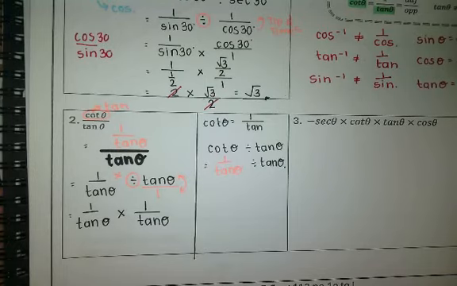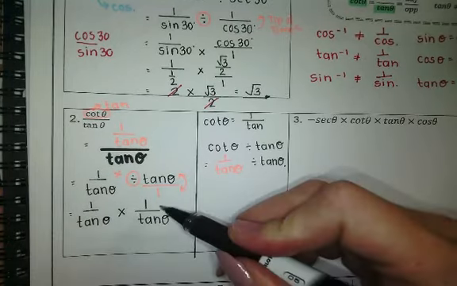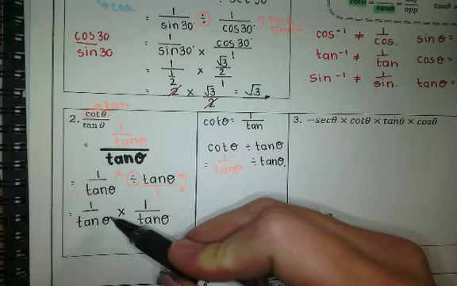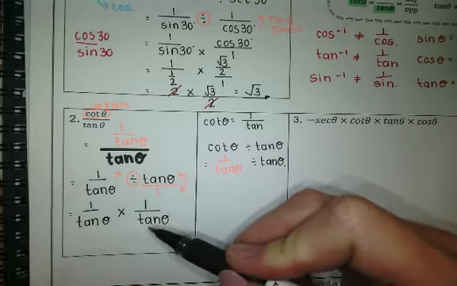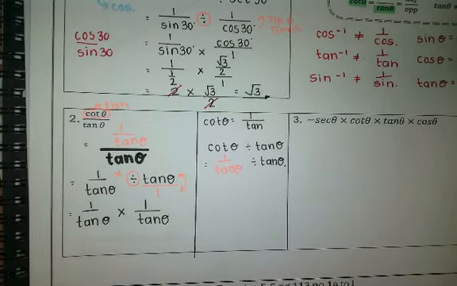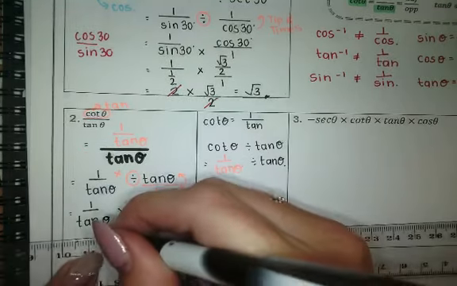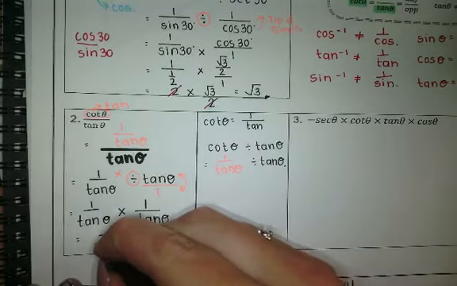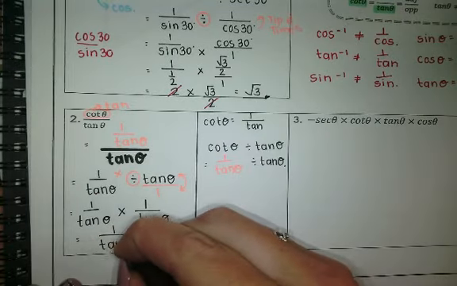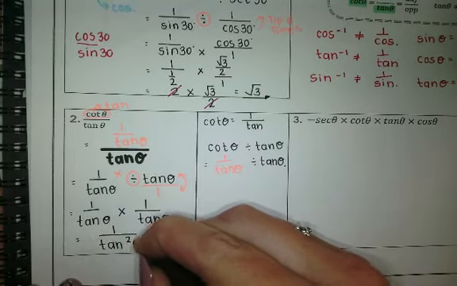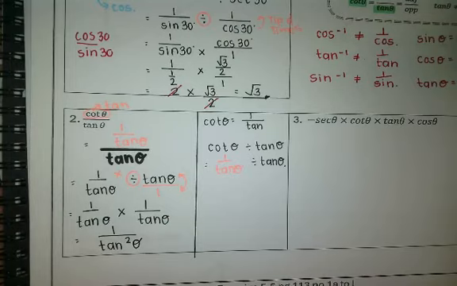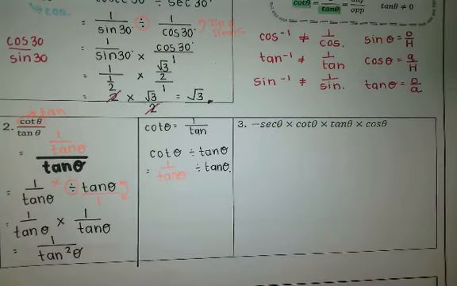Okay, so there's nothing that can cancel here. If the tan theta was on top, we could cancel that one and that one, but it's at the bottom. Nothing we can cancel. So we're going to start multiplying across. 1 times 1 is 1, and tan theta times tan theta is tan squared.